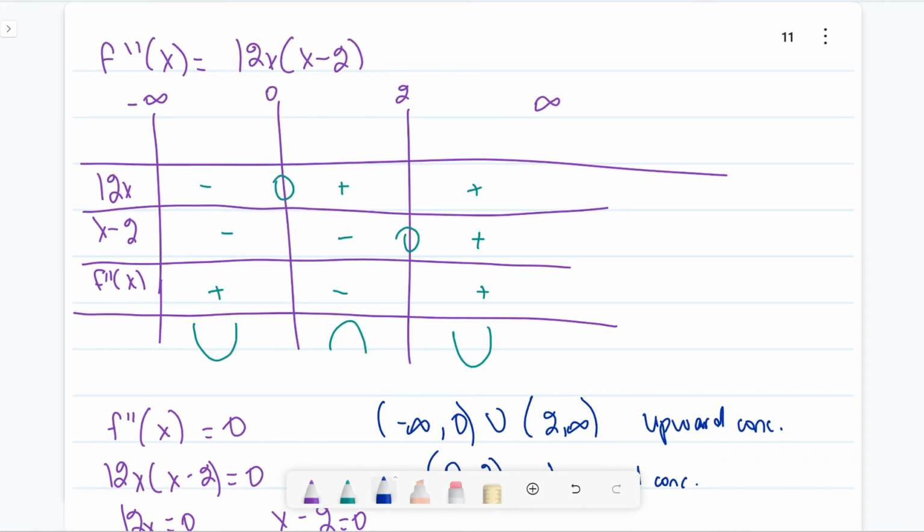Now, where does the concavity change? Here we have upward, it switches to downward. This means that at x equals 0, we have an inflection point. Again, here we have downward concavity, it switches to upward. This means at x equals 2, we also have an inflection point.